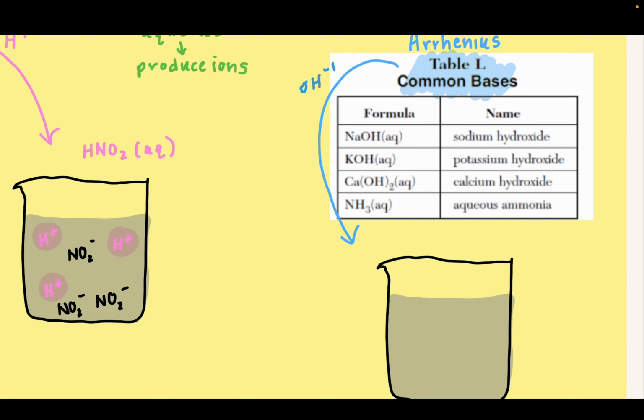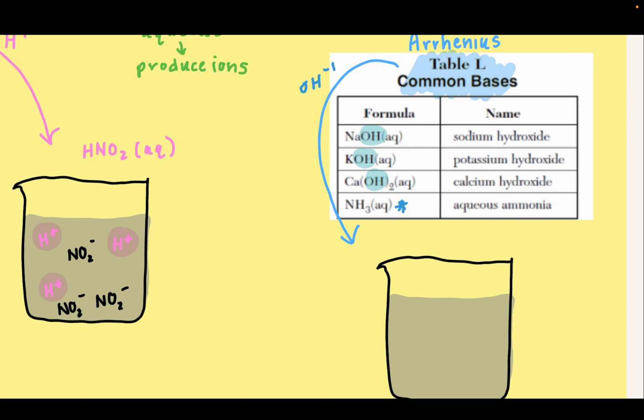Now for our Arrhenius base example, you'll notice that on Table L, they will end with an OH, so they'll end with hydroxide, except your ammonia, of course, but we have to remember that it is also an Arrhenius base.